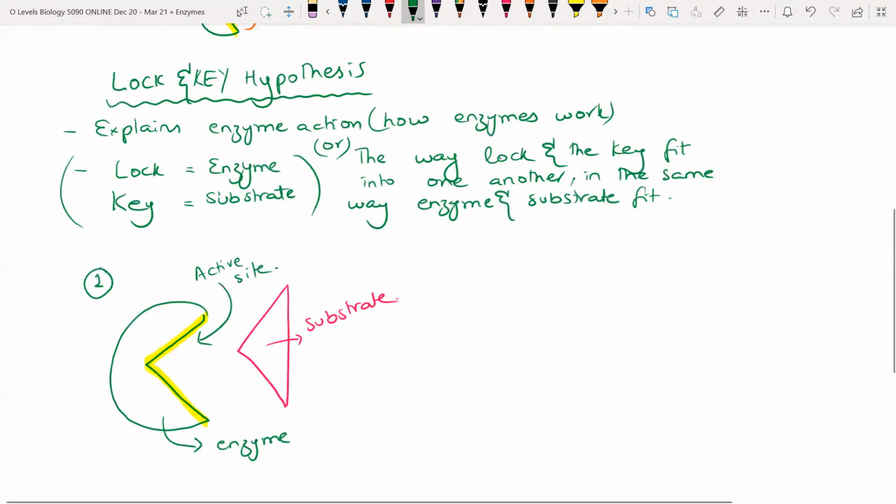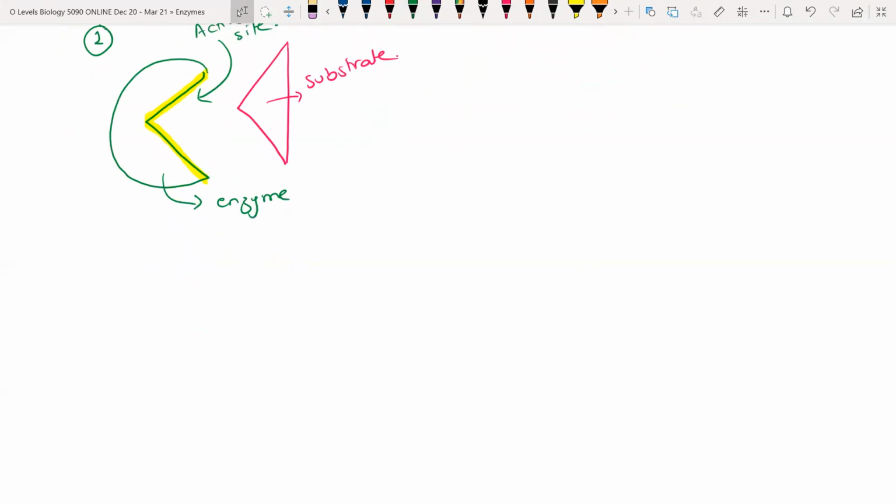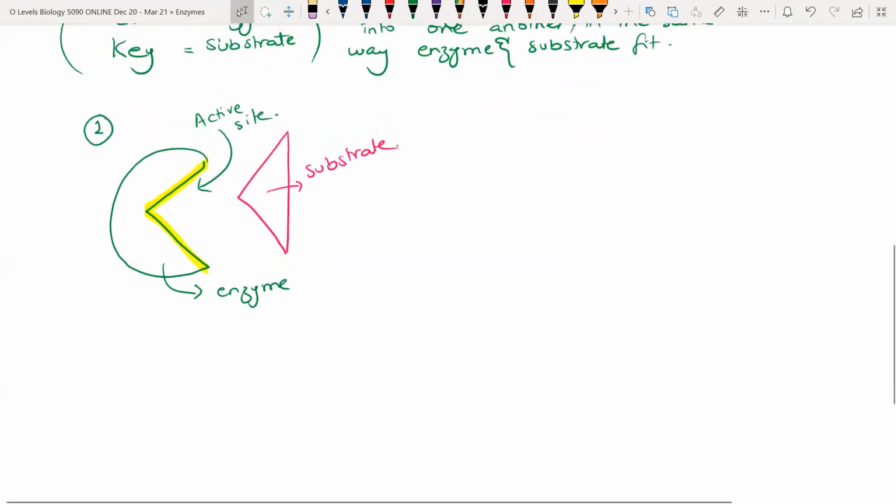Acha ji. So the first point in our explanation for lock and key hypothesis will be that the substrate approaches the enzyme. Let me write that down here for you.